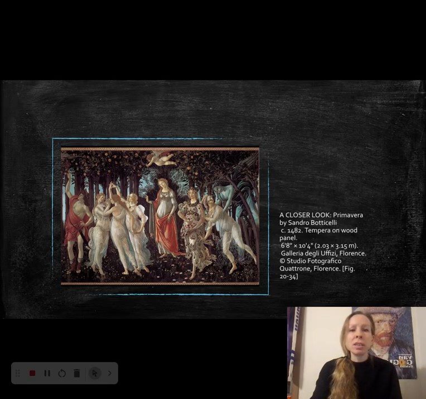But basically, this was a painting probably made for a wedding. Some of the visual aspects were influenced by trade, influenced by other cultures, from the Flemish, and it still has a story, an allegory of mythology.